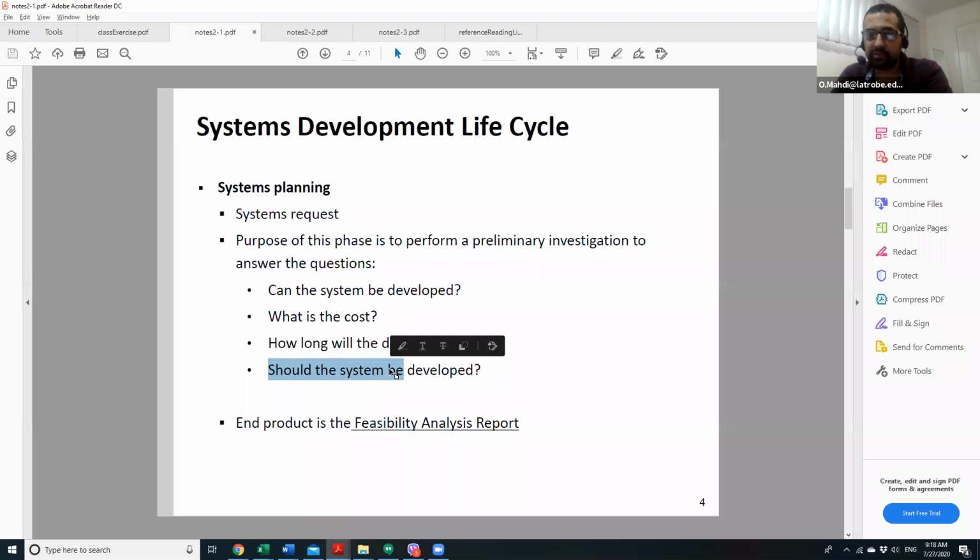Can we develop it or not? And then question four, should the system be developed? It's more about why, the reason. Do we really need to develop this information system? Is it really necessary to have it?